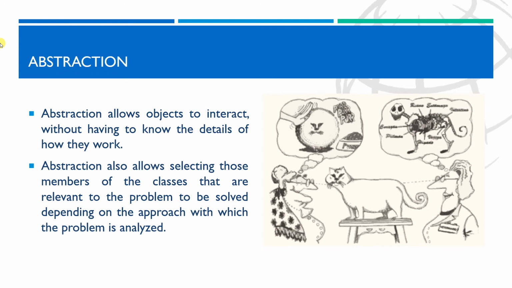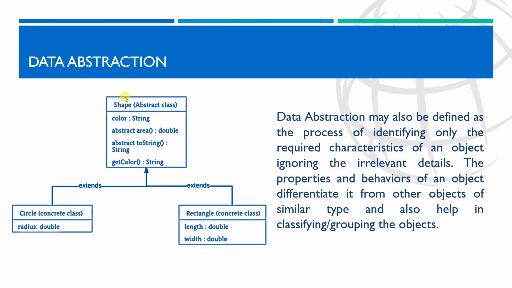Data abstraction is a property by virtue of which only the essential details are displayed to the user. The trivial or non-essential units are not displayed to the user. For example, a car is viewed as a car rather than its individual components.